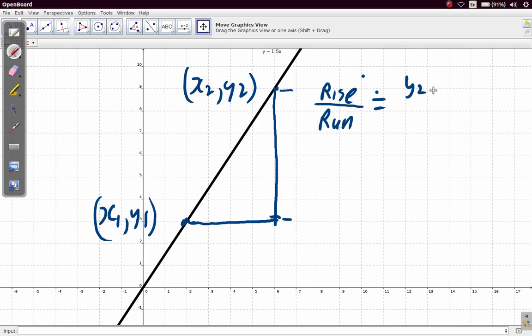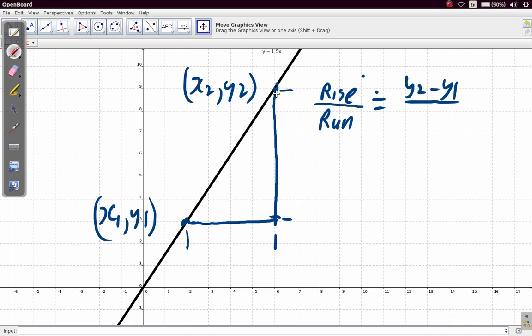So we say y2 minus y1 divided by, now this point and this point here we're going to concentrate on which x value it lines up with vertically.